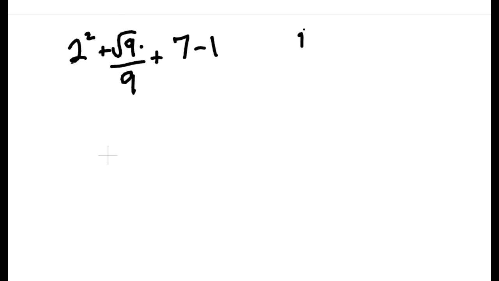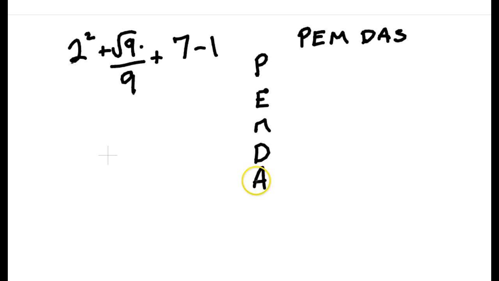We had this thing, either PEMDAS was one, or maybe you learned please excuse my dear Aunt Sally, right? Which is the exact same thing, just a different way of saying it.